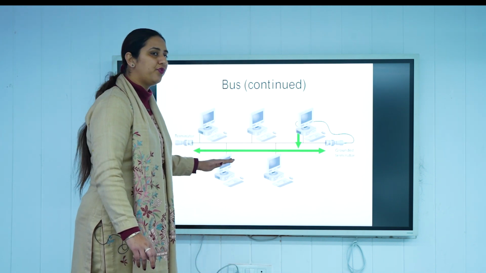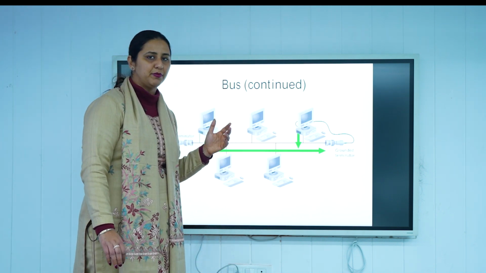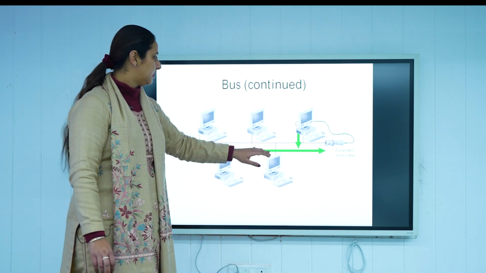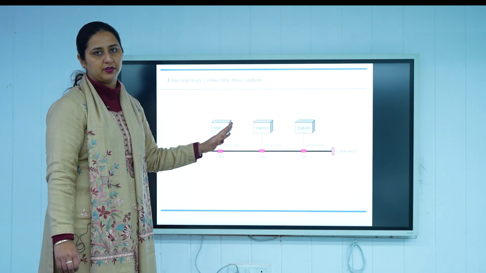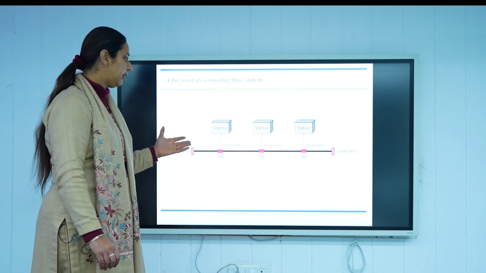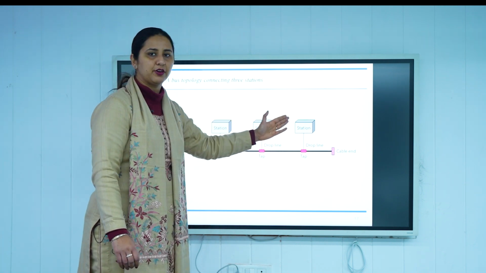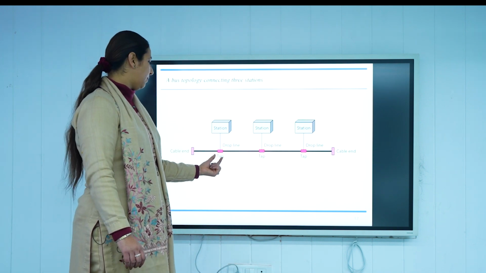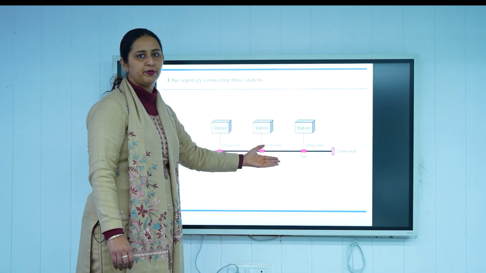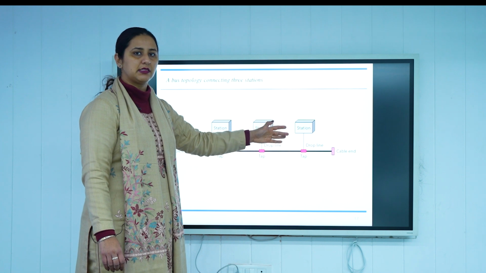The rest of the nodes will reject that information because it is not meant for them. As I have redrawn the bus topology, you can see that I have connected a lot of stations through a single cable, and there is a drop line through which the information can be given to the concerned node.